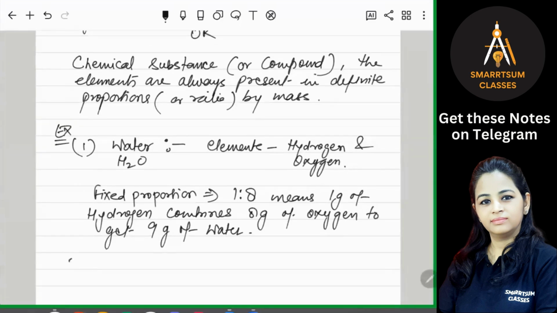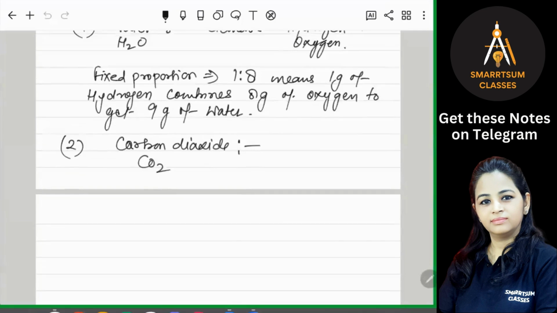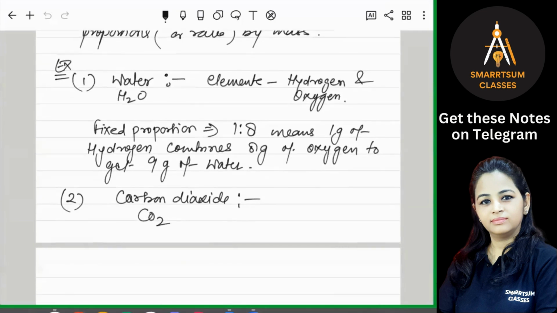Similarly, if we take the example of carbon dioxide, CO2, we can prepare carbon dioxide by many methods. By burning charcoal in air, C plus O2 gives CO2.